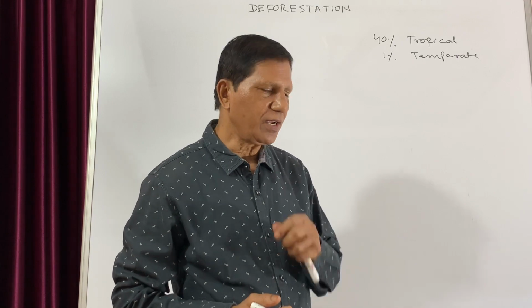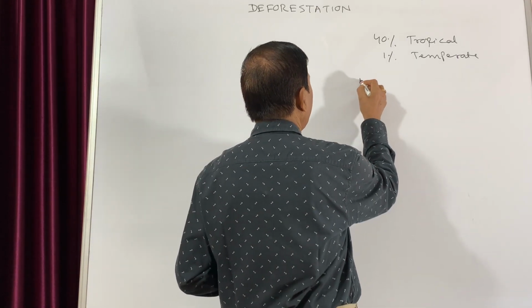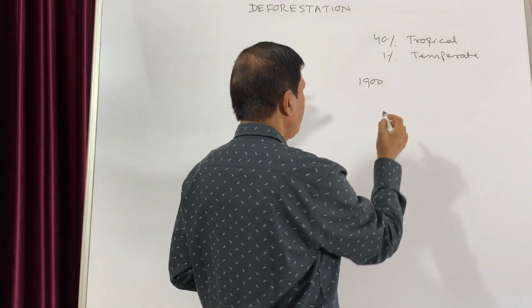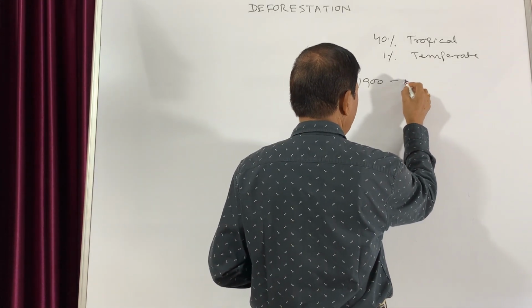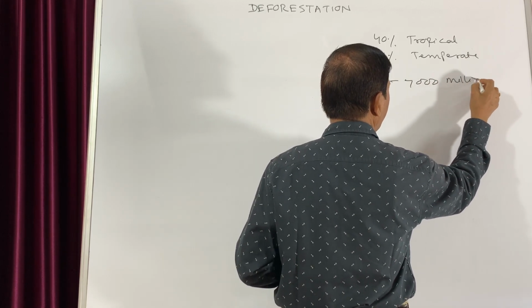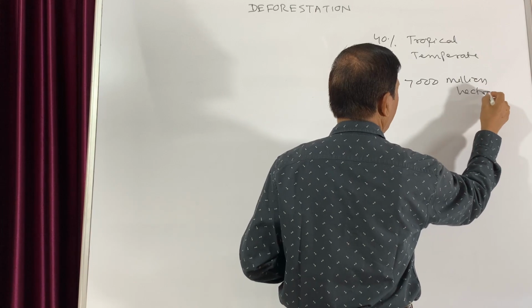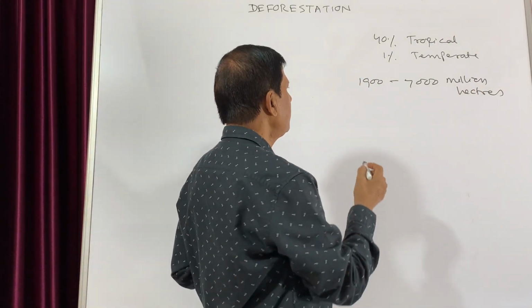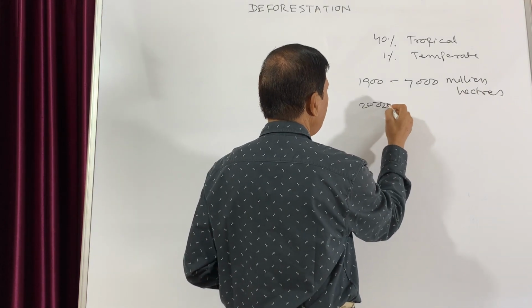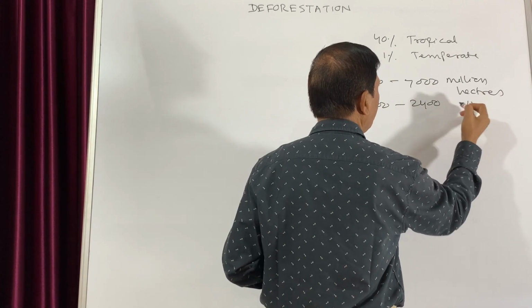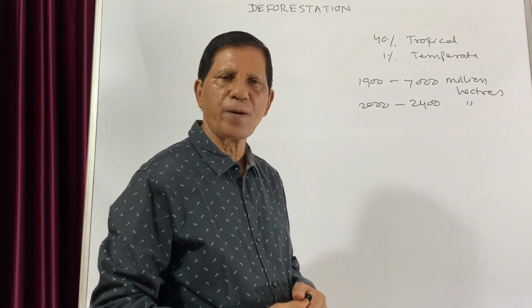Why? Because in 1900, that is in the beginning of the 20th century, 7,000 million hectares of forest land was there. But at the end of the century, that is in 2000, it was reduced to only 2,400 million hectares.